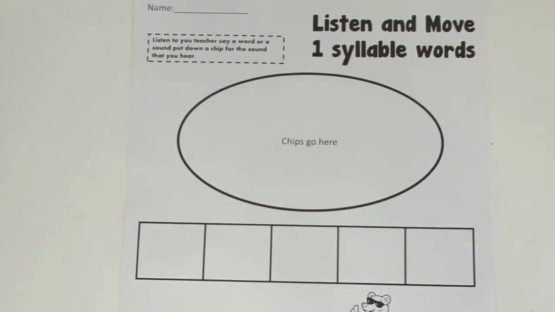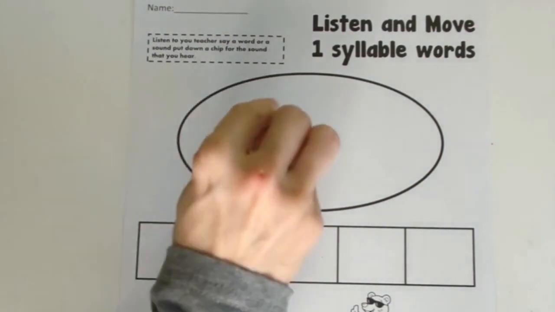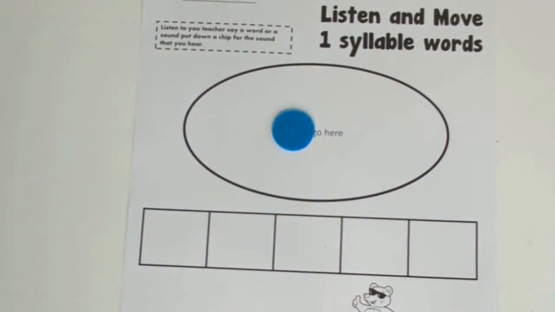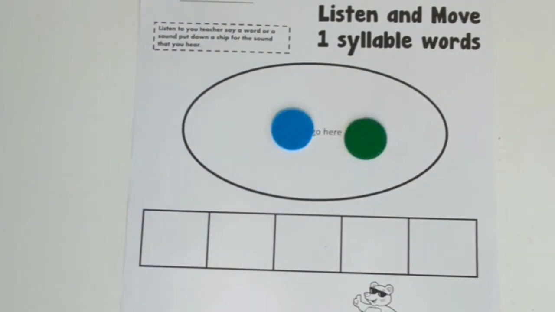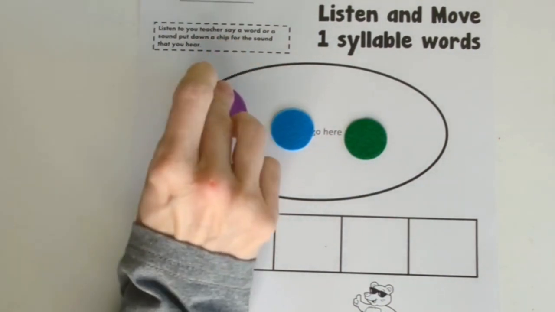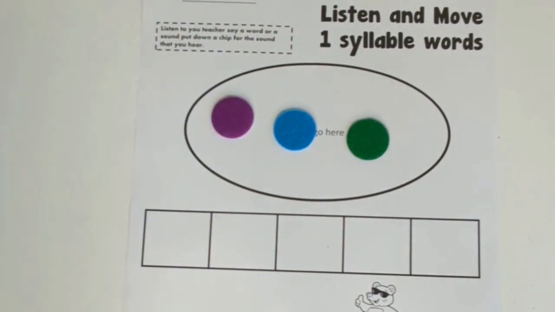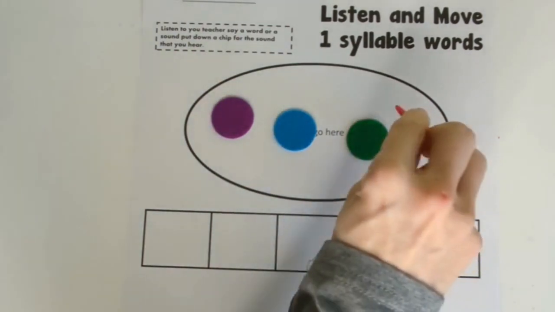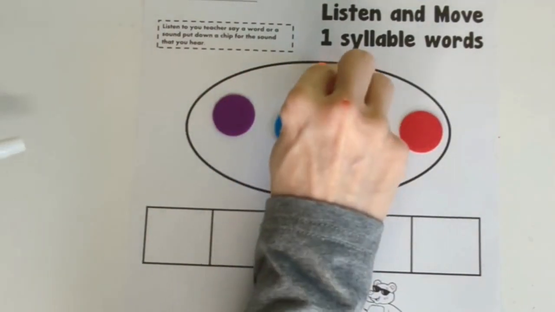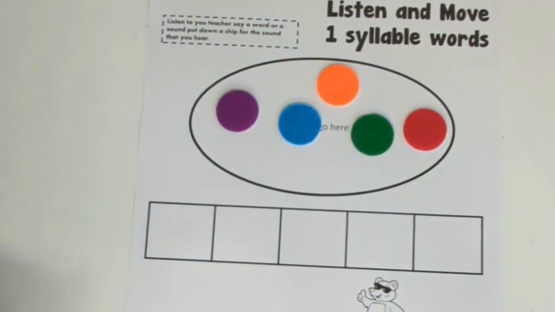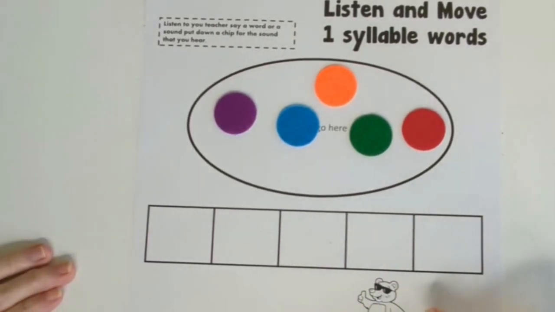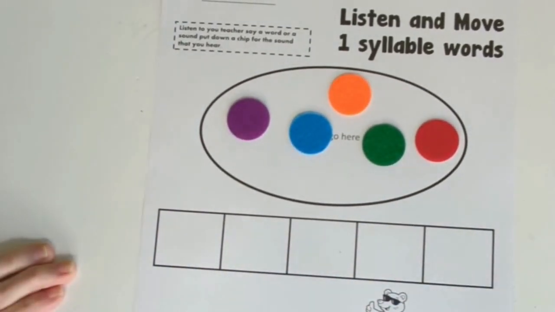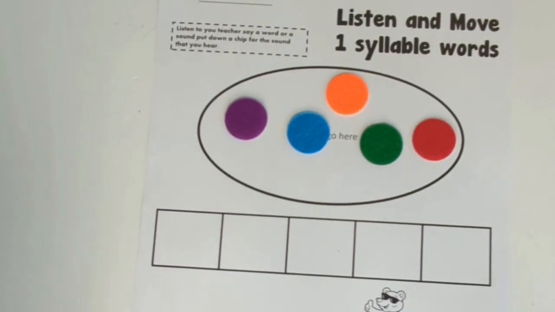I like to use these nice colored felts, but you could also use plastic colored circles, little blocks, or buttons of different colors, whatever you have handy, but they need to be different colors. So I'm going to put some colors here, and let's just start with what we started with the other one. Let's do hat.